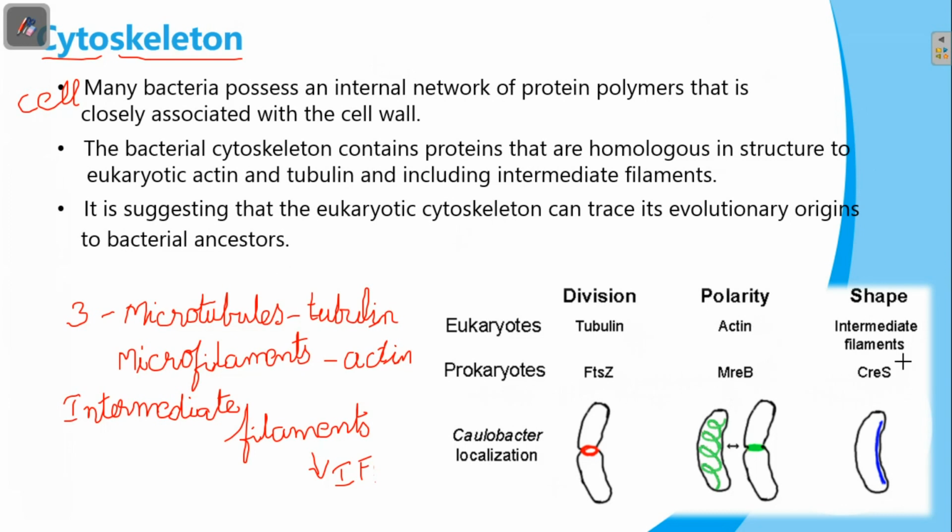Crescentin acts like IF protein. The bacterial cytoskeleton contains proteins that are homologous to eukaryotic actin, tubulin and IF proteins. So it suggests that the eukaryotic cytoskeleton can trace its evolutionary origins to bacterial ancestors.